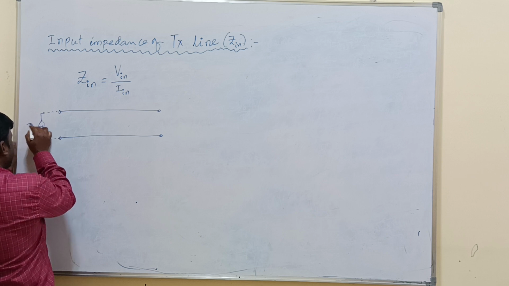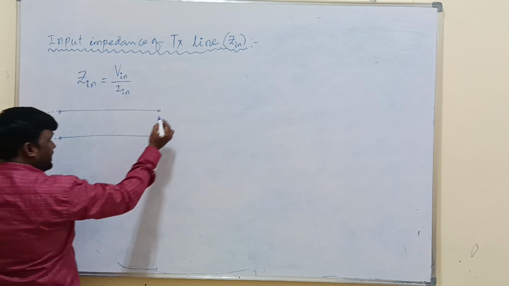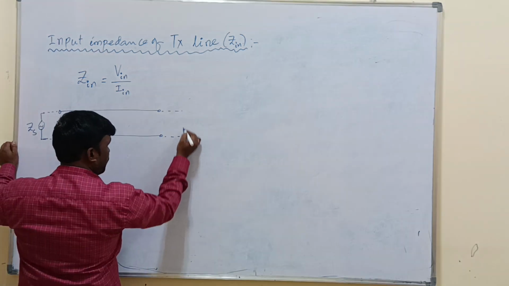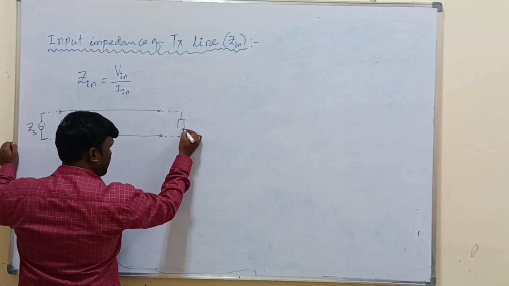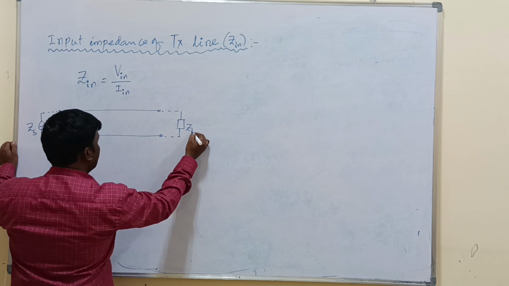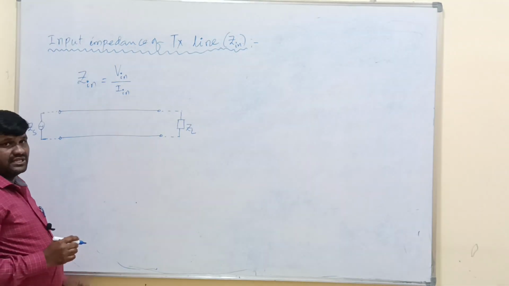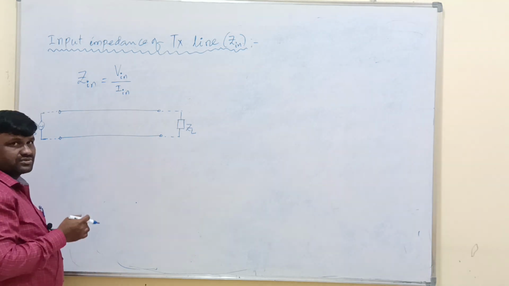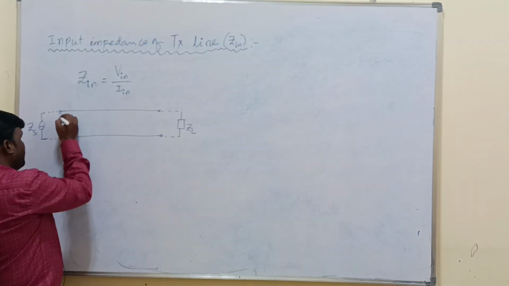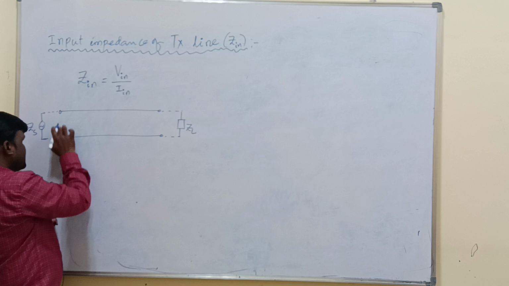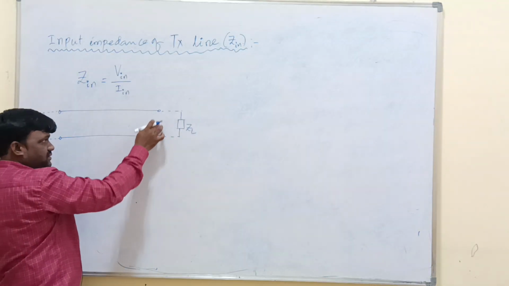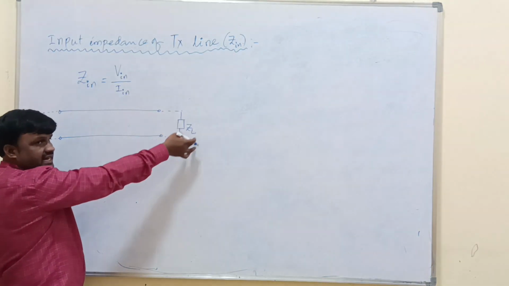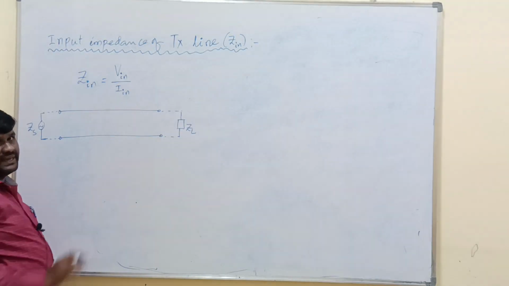Here this one is the source having an impedance of Zs, and this one is the load having an impedance of ZL. The transmission line connects the load and the source. This is known as the input location, and this one is known as the output location. Output is connected to the load and input is connected to the source.